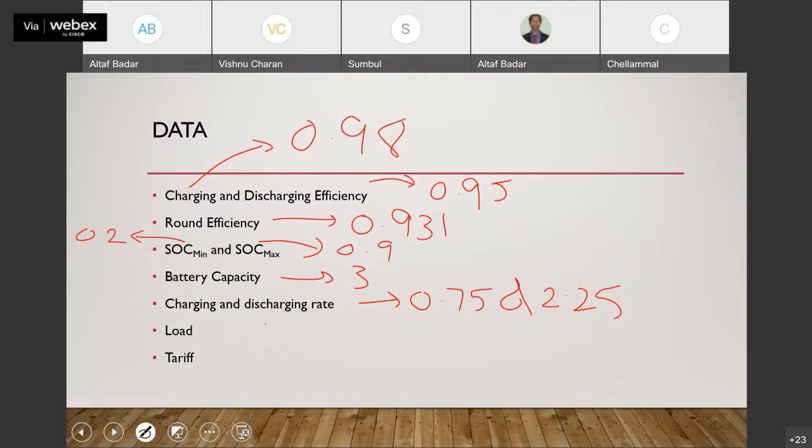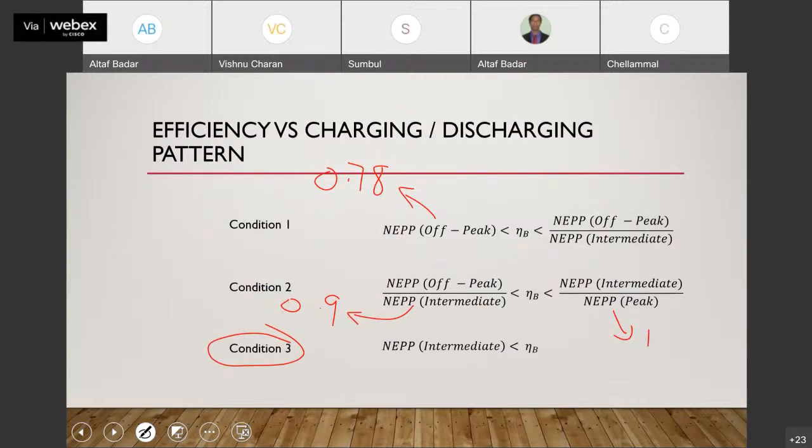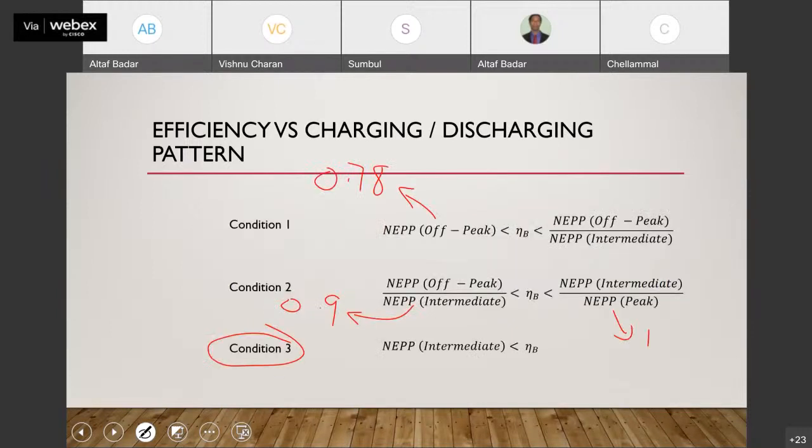Can you go to the table where we are able to see the NEPP? Just a minute. Yes, sir, NEPP, sir. Okay, this one. So charging rate.